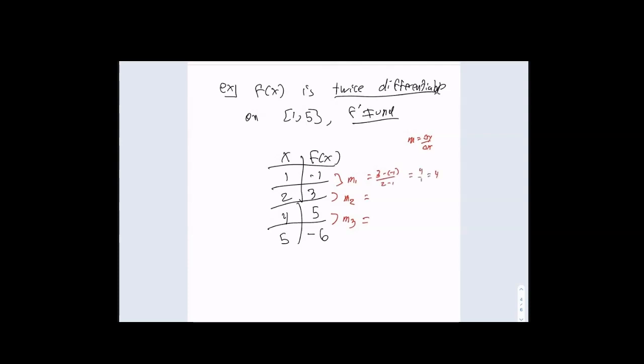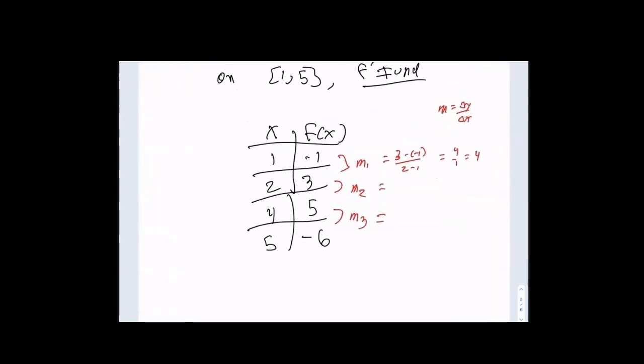Okay. What's my next slope? 1. Thank you. So it's 5 minus 3 over 4 minus 2, which is 2 over 2, which is 1. What's my next slope? Yeah.